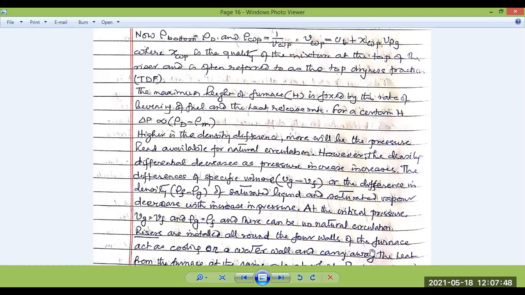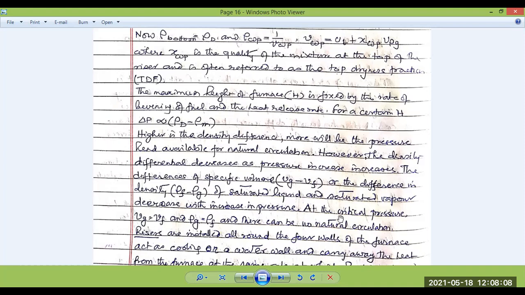The decrease in specific volume, as the decrease in density of saturated liquid minus saturated vapor, decreases with increase in pressure. Now, this difference in density is reducing: as the pressure goes up, the difference in density goes down.